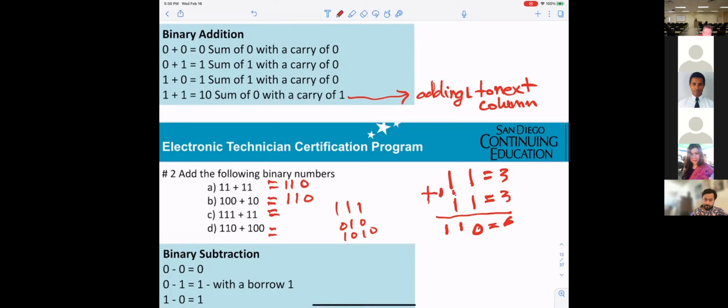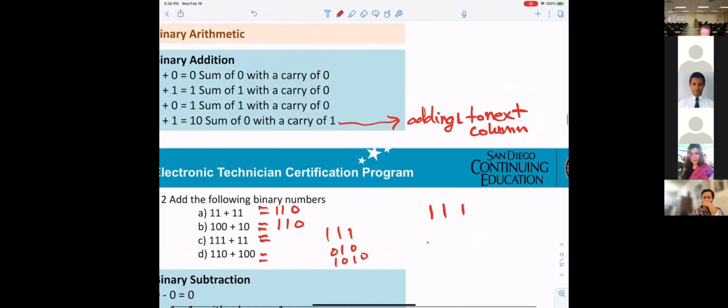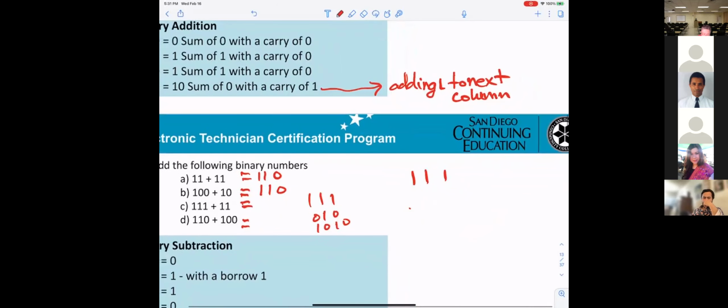Okay, now I'll tell you. I'll try adding, make sure you follow. 1, 1, 1 adding to 1, 1. 1 adding to 1 is 0, carry 1.